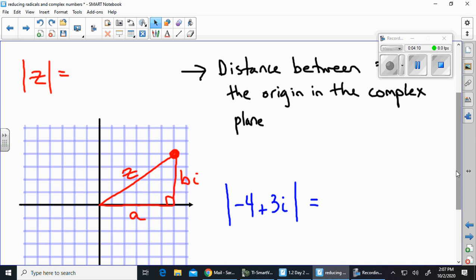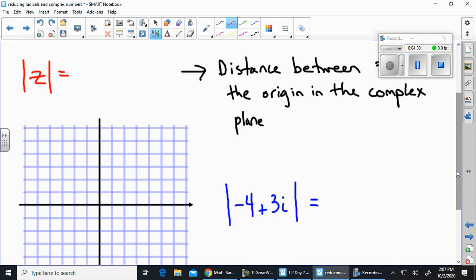You plot it and then think. You're really using the Pythagorean theorem because you want the hypotenuse, which is the diagonal distance from 0. So I'm going to erase this and show negative 4 plus 3i. This means distance. So plot it. I just show the picture to help. Negative 4 plus 3i would be there.